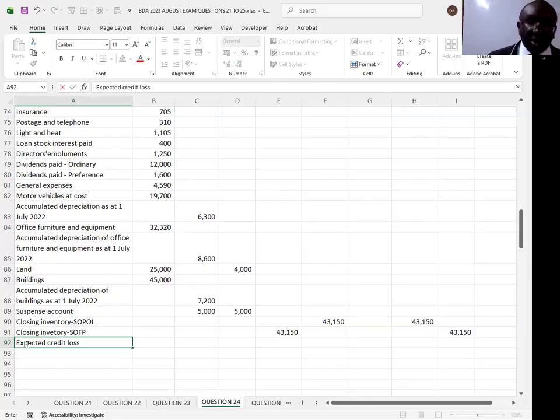Now, this expected credit loss, it is twofold. Now that we are introducing it for the first time, there is the one that is an expense, and the expense will go to the statement of profit or loss. And then we will have the expected credit loss that will go to the statement of financial position.